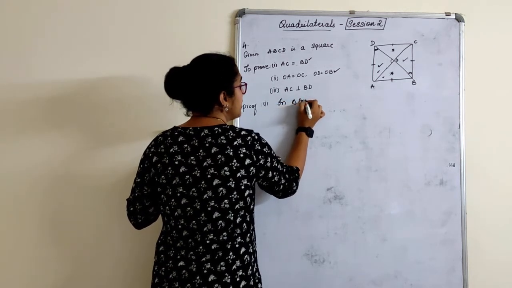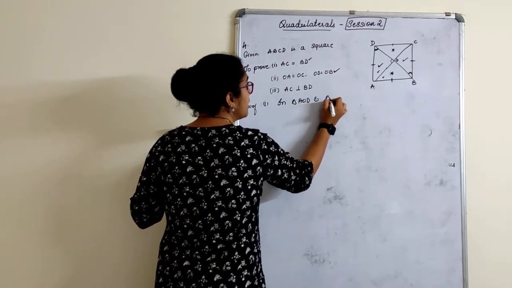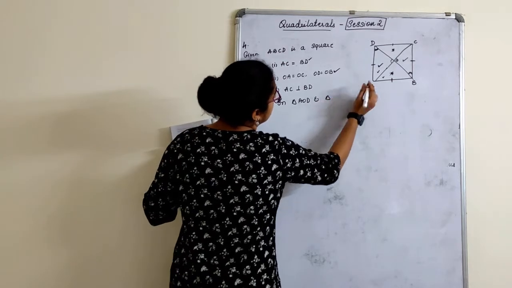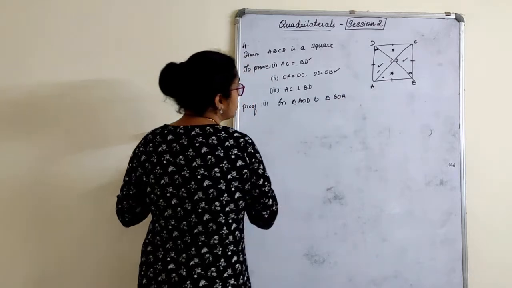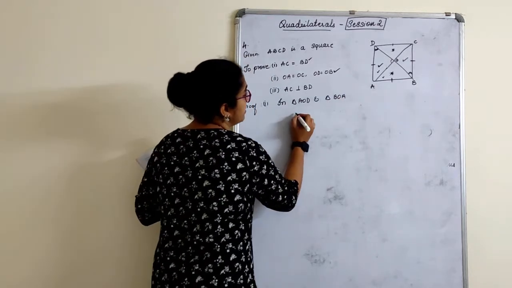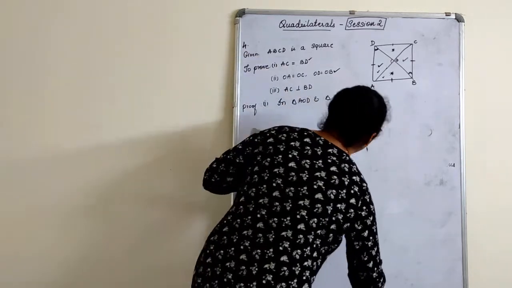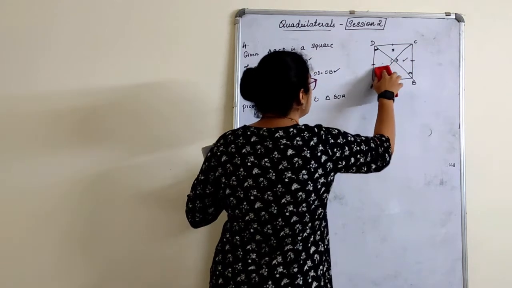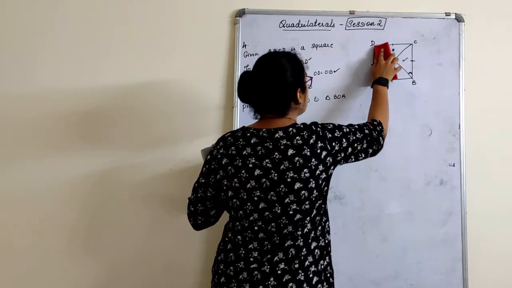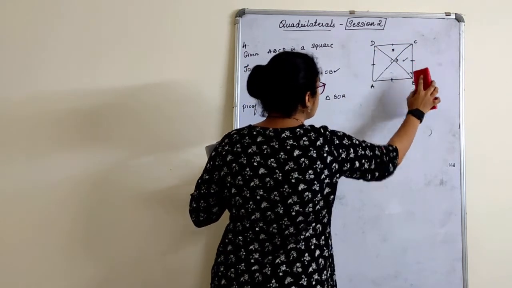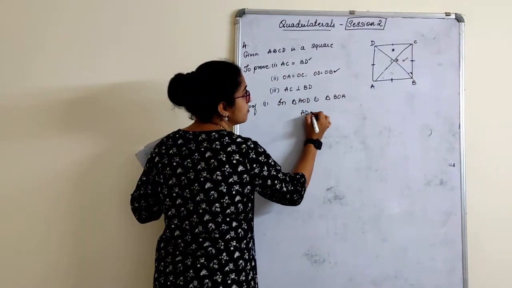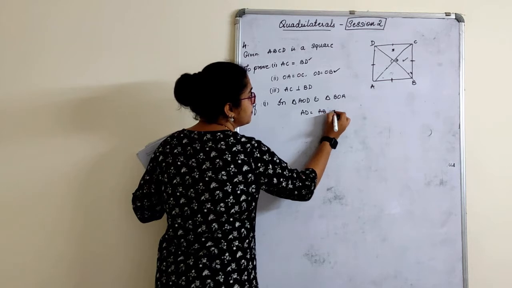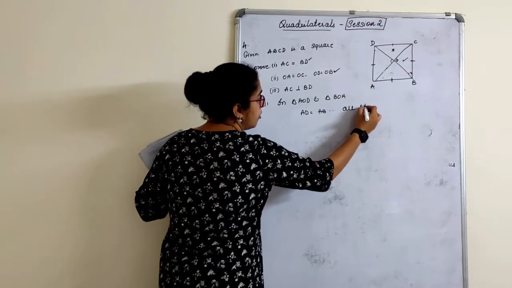In triangle AOD and triangle BOA. Okay. So again I will drop everything I have marked, because with so many things you get confused. Let's rub all these things. AD is equal to AB, all the sides are equal.